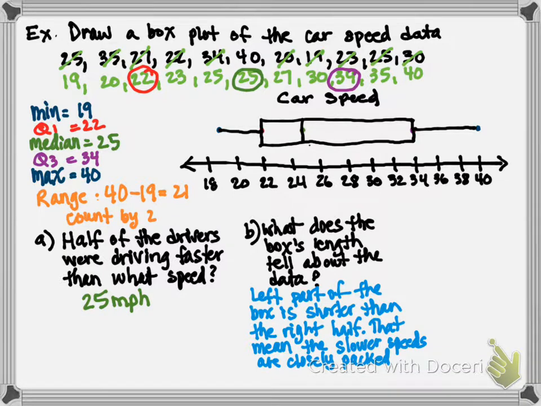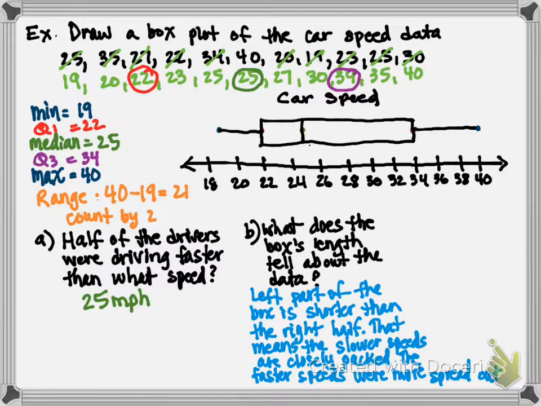We went from 22 to 25. The faster speeds were more spread out. And if you notice in the box, we go from 25 all the way to 34. That's a huge difference than what was on the left side of the box.